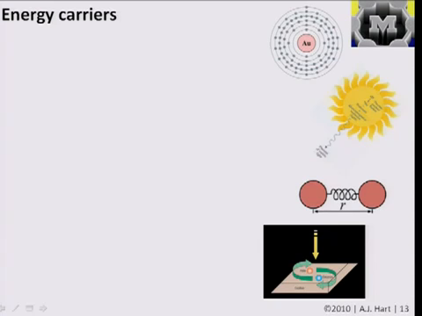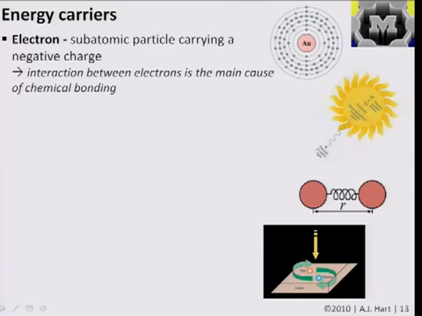So first I want to define what we're going to call the basic four energy carriers for materials. And the first one is an electron. So we know that electrons in atoms and in materials are subatomic particles carrying a negative charge. And the interaction between electrons is the main cause of chemical bonding.